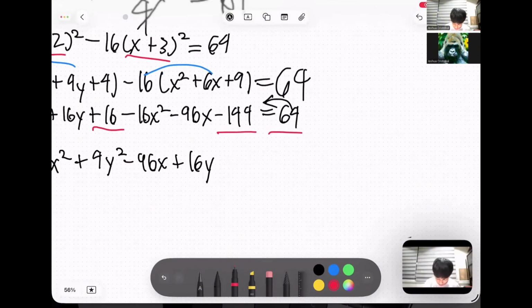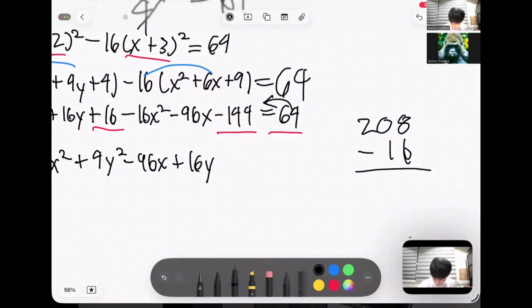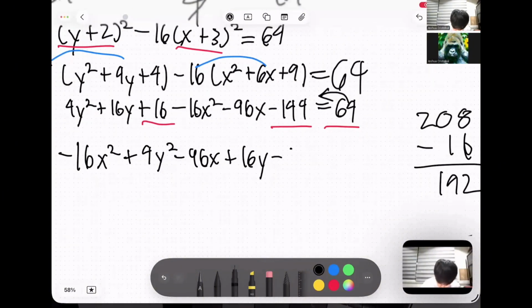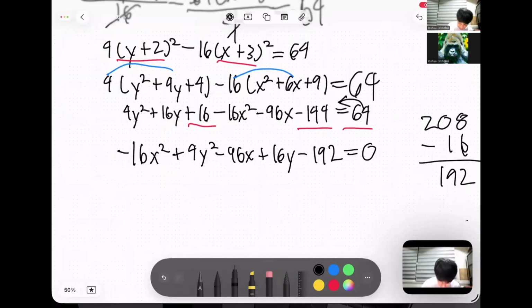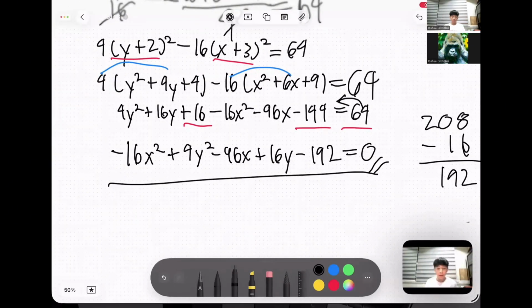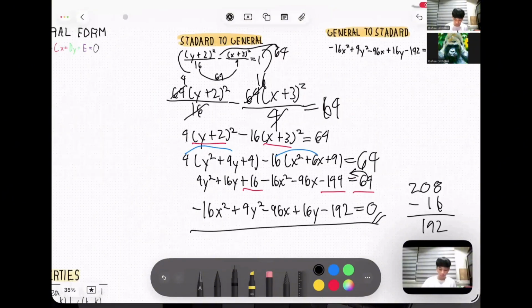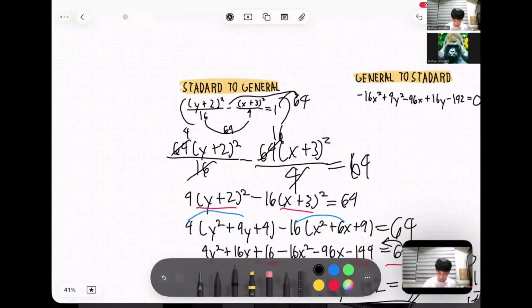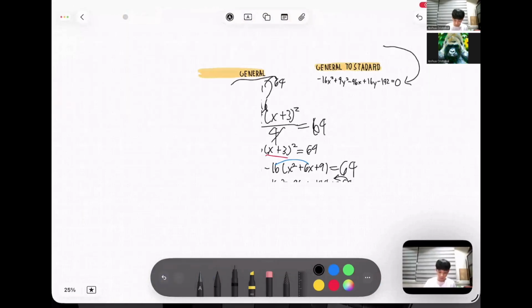So let's do that. 64 plus 144 is 208. 208 minus 16 is 192. Is that correct? Yeah. This will be minus 192 equals 0. And that's it. You will now have the general form for this standard form. So let's double check. Exactly. See? That's the same thing.